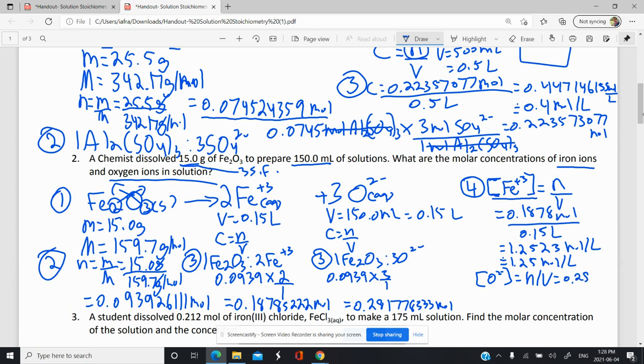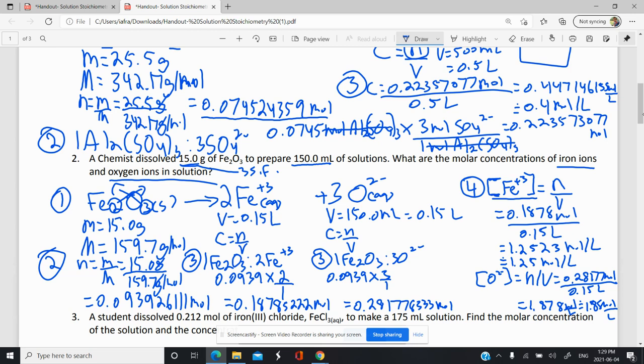So 0.28177 keeps going moles over the same volume, 0.15 liters, which is equal to 1.8785 keeps going. Whoops, I wrote 18 there by accident when I meant to say 1.878 moles per liter, which is approximately, to 3 sig figs, 1.88 moles per liter.